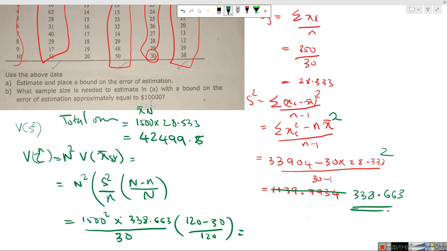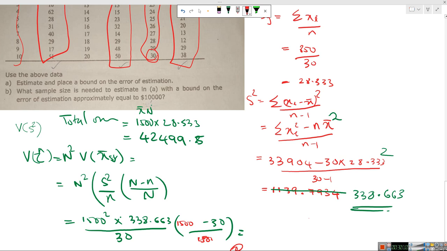No, this is not 120, N is equal to 1500. Okay, we have to be very careful. So N is 1500.